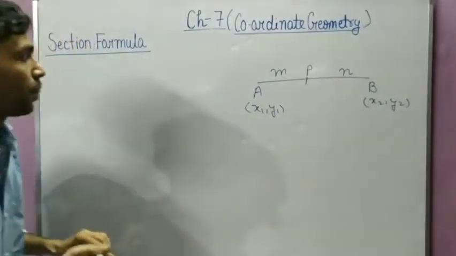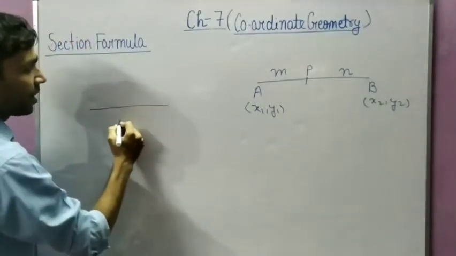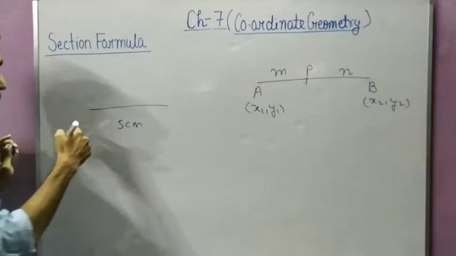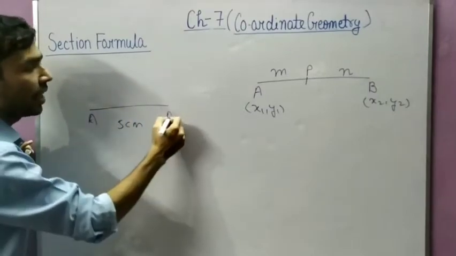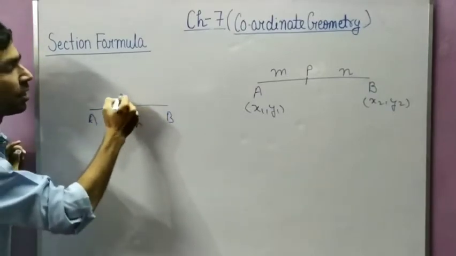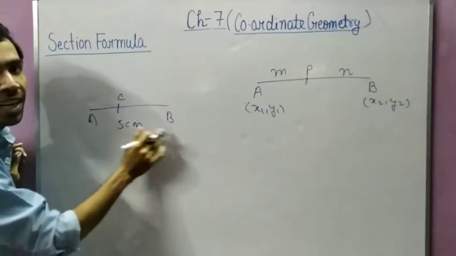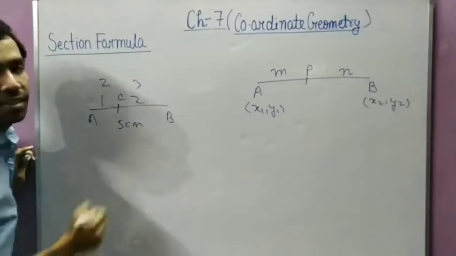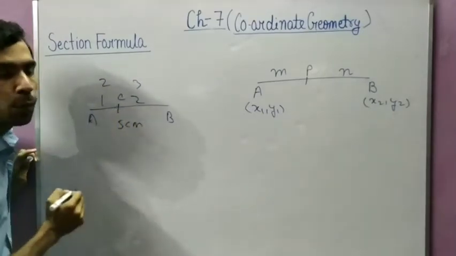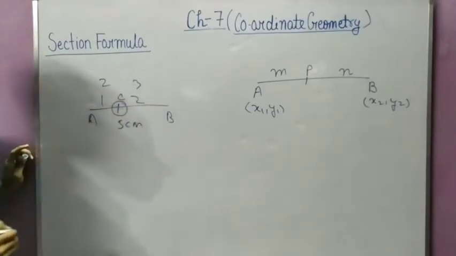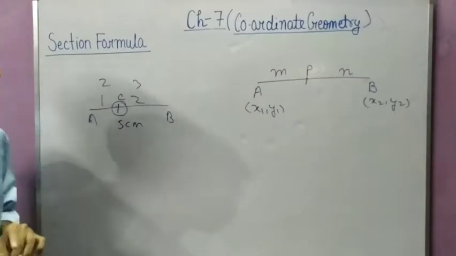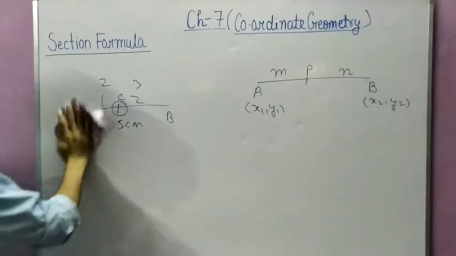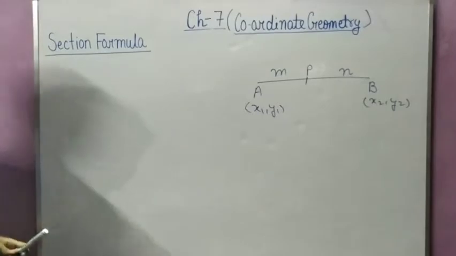Internally means, suppose it is a 5 centimeter line, and between A and B there is another point C which divides the line segment at a certain ratio, like 1:2, 2:3. So with the help of the section formula, we can find the coordinate of C, okay? So this is the section formula.